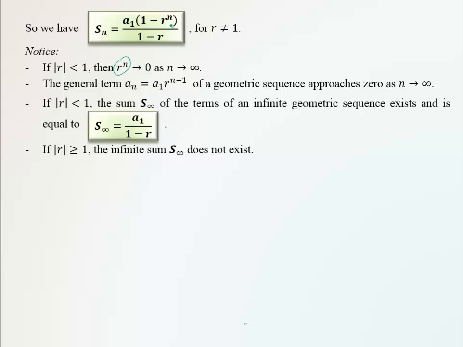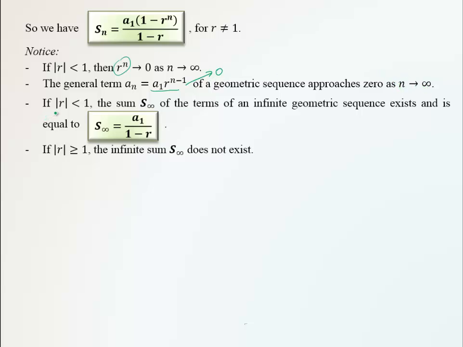So this can be neglected. It will be so small that it's not really relevant. Therefore, the general term of a geometric sequence, a1 times r to a certain high exponent, will actually approach 0. This will go towards 0 as long as the exponent is very high, as long as n approaches infinity.